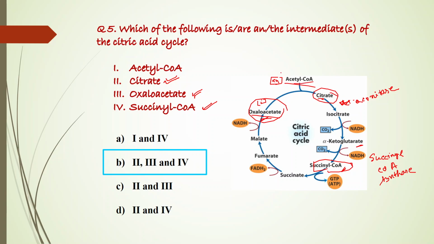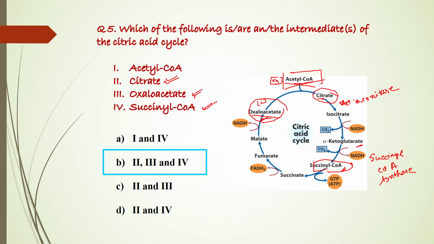However, acetyl CoA, the number 1 option, is not an intermediate. It is functioning on the substrate and the intermediates, but it is itself not being formed in this reaction. The formation of acetyl CoA is a series of reactions that are completely different.